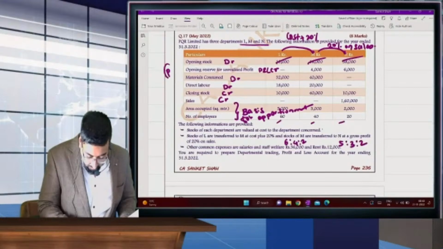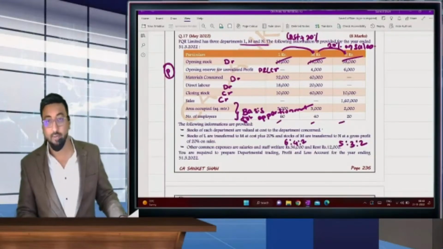This is pending beta. Opening stock reserve, we will write it afterwards.